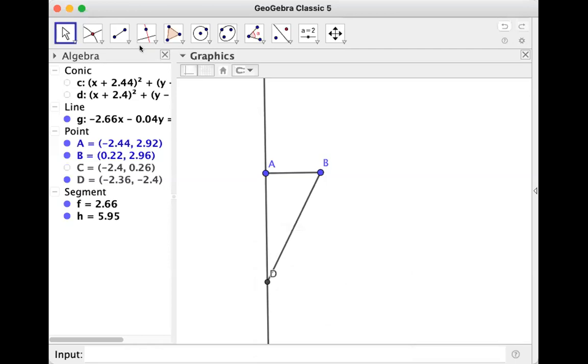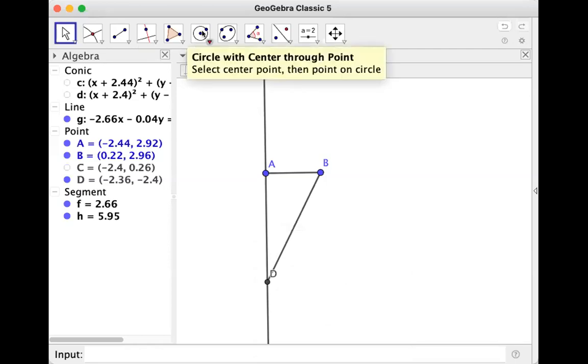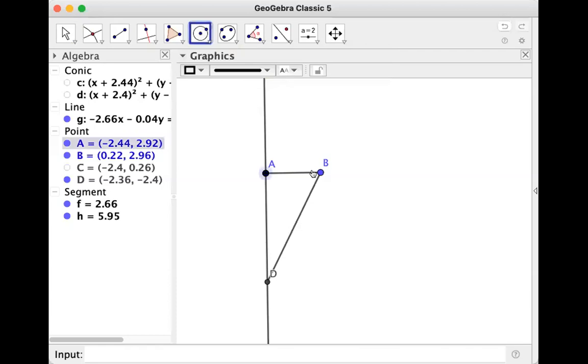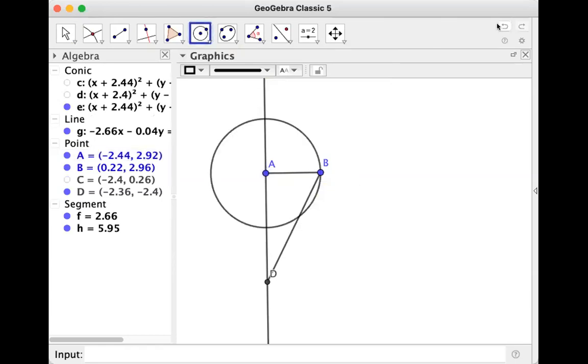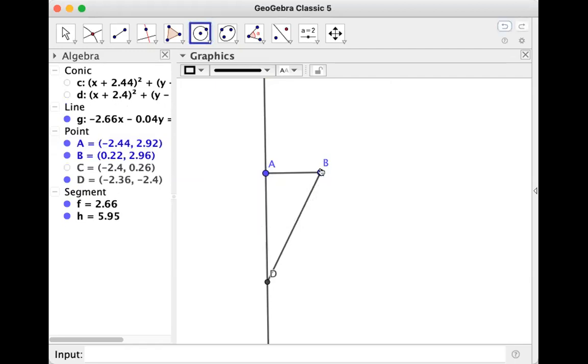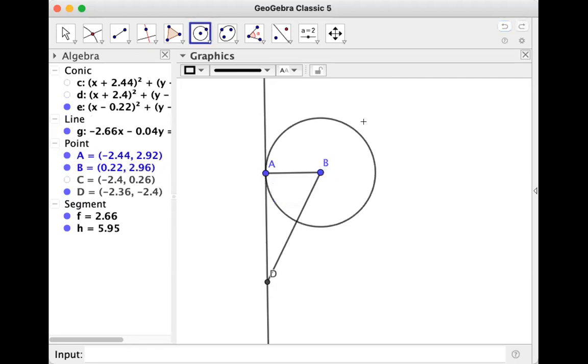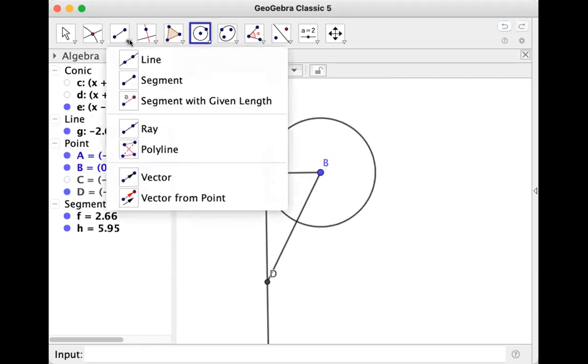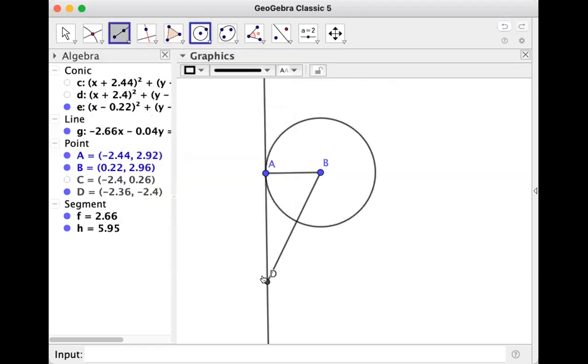Now I'm going to make a circle of radius 1 here. And now I'm going to make a ray to extend DB. DB was square root of 5. B, here's this intersection point.